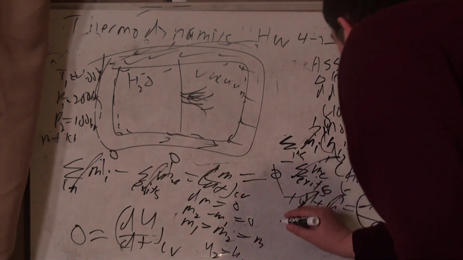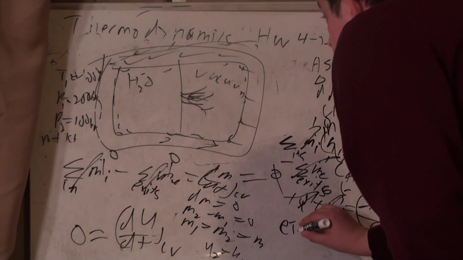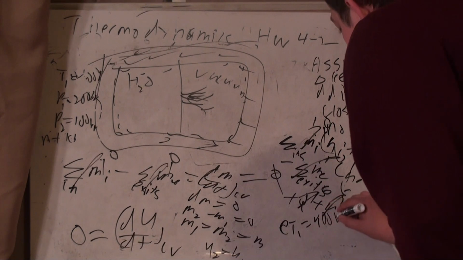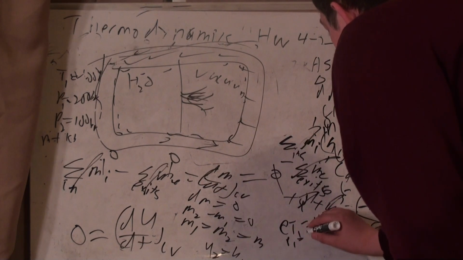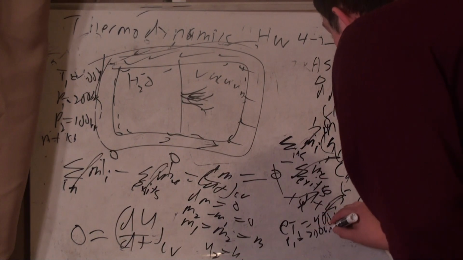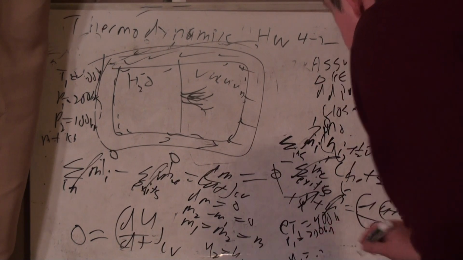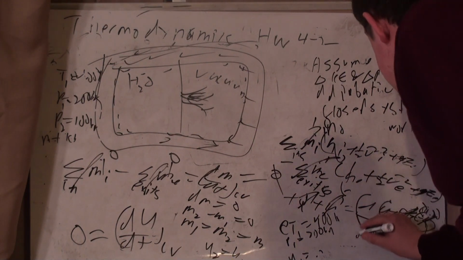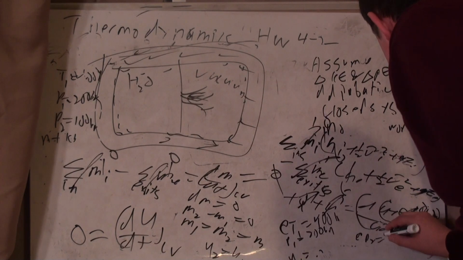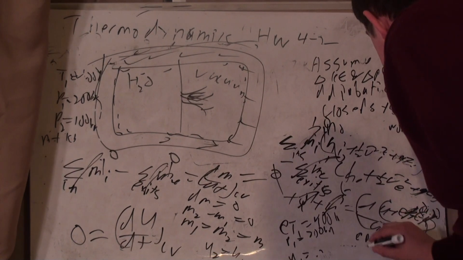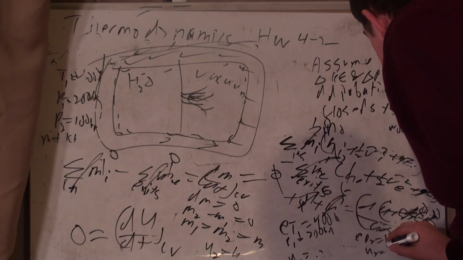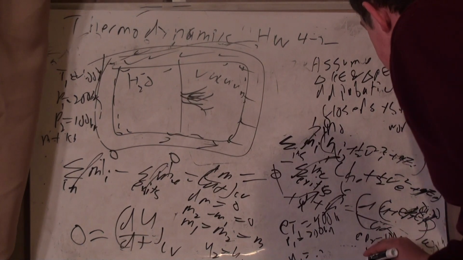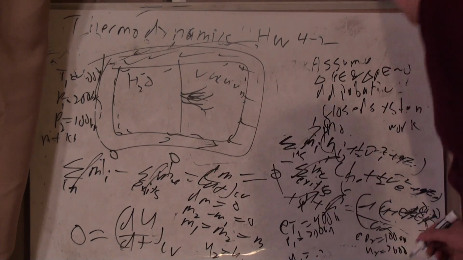And so I say, at T1 equals 400 K and P1 equals 200 bar, U1 equals something. I think it's about 2600 or something. The point is, at P2 equal to 100 bar and U2 equal to 2600 or whatever, T2 is going to equal something else.